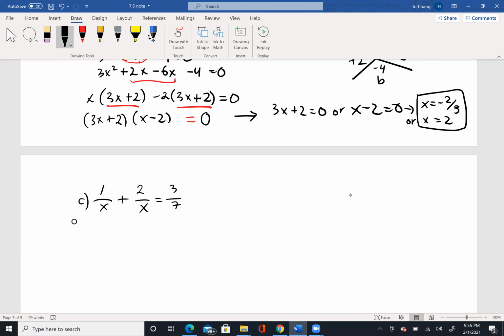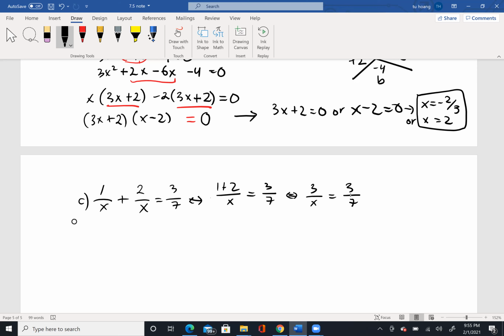And as you see here, they have the same denominator. So you can add them to be 1 plus 2 over x equals 3 over 7. So do the operation on top, keep the bottom, right? And now you have 3 over x equal to 3 over 7.